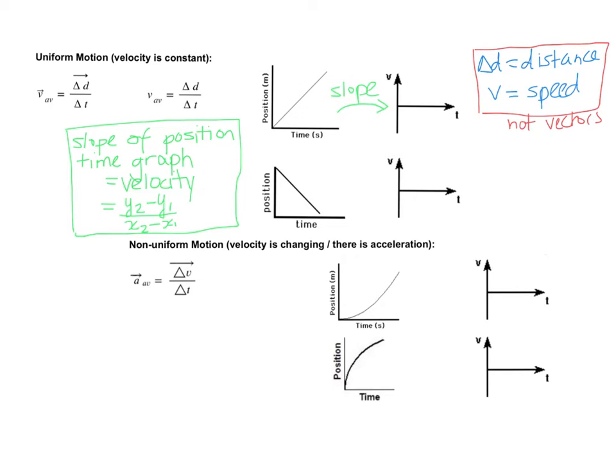Whenever we see this straight line graph, we know that this is a constant velocity, and it's going in the positive direction because our slope is rising and the object is going away from where it started. Constant velocity, and it's positive.